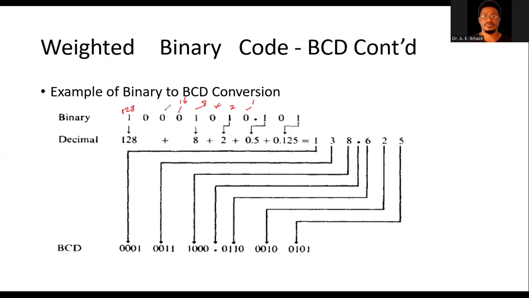This has a weight of 16. This has a weight of 32. This has a weight of 64. That is 2 to the power of 0, 2 to the power of 1, 2 to the power of 2, 2 to the power of 3, 2 to the power of 4, 2 to the power of 5, 2 to the power of 6, and 2 to the power of 7. So that is 128 plus 8 plus 2.